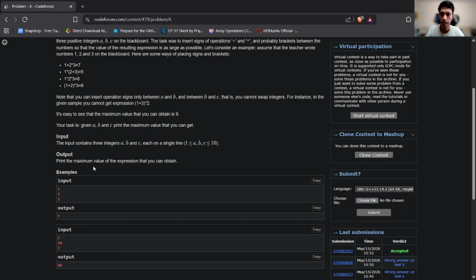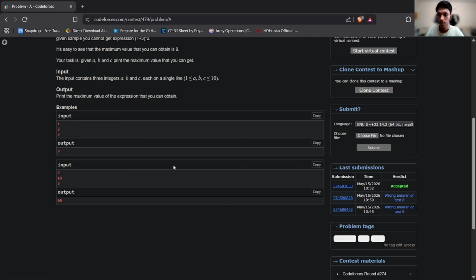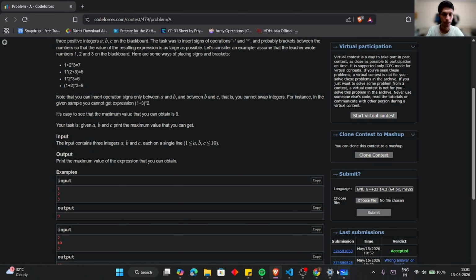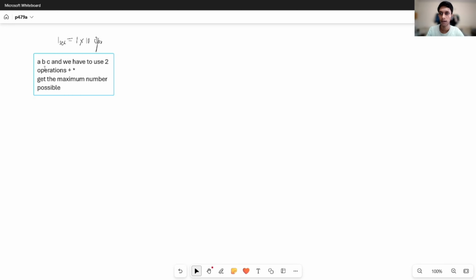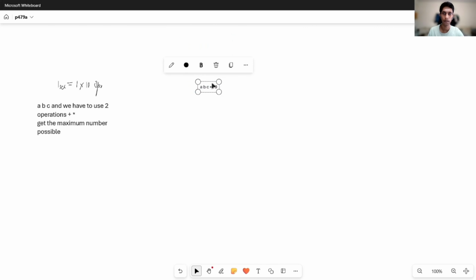Print the maximum value of the expression that you can obtain. So as an input, you will be given just A, B, C, whose values vary from 1 to 10. A, B, and C are at most 10. It cannot exceed the value of 10.